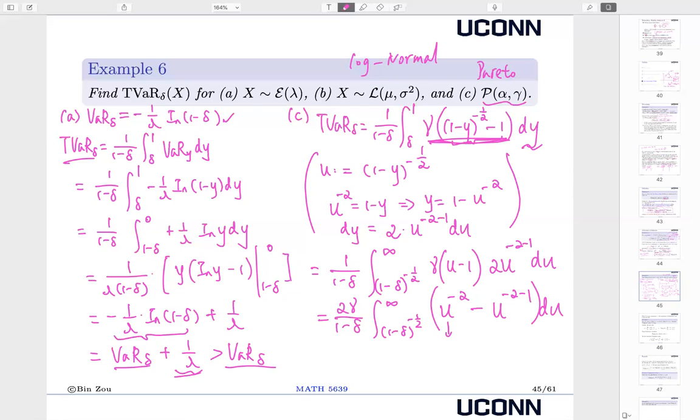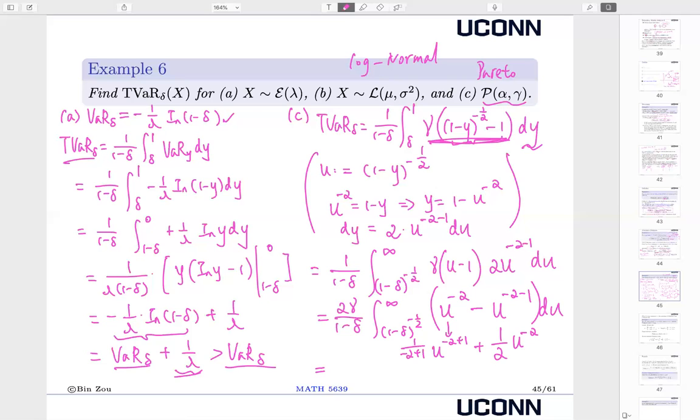For instance, this becomes u to negative alpha plus 1, and then you need to divide it by negative alpha plus 1. Minus becomes plus, and then u to negative alpha, and because of the negative sign, it becomes 1 over alpha, right? Then you put everything in. Let me give you the final result.